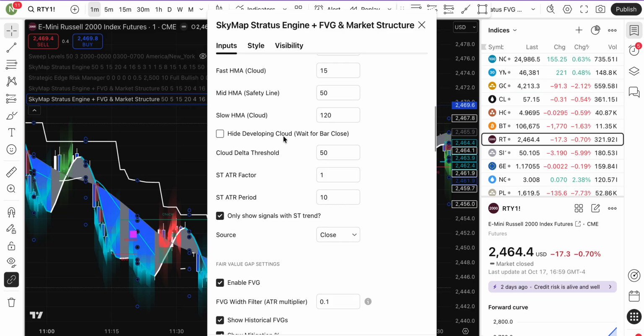So if you have that fear, if you feel like, oh my God, I'll regret making a decision based on something that later isn't there, then hide the developing cloud, and it'll only ever tell you what's happened once the bar closes.